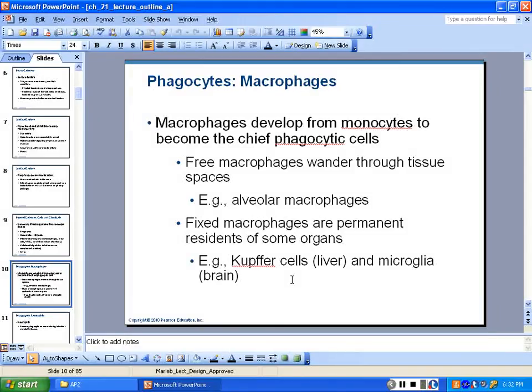It was one of the neuroglia in the central nervous system. So microglia are actually macrophages in the brain, white blood cells that live in the brain. And Kupffer cells are white blood cells that spend their lives roaming around in the liver.